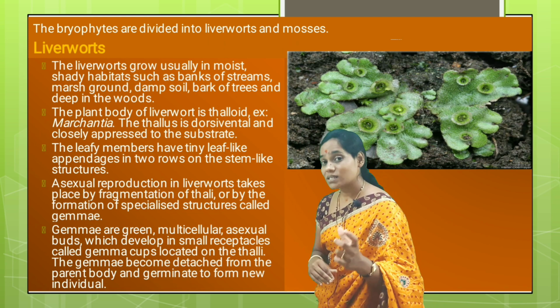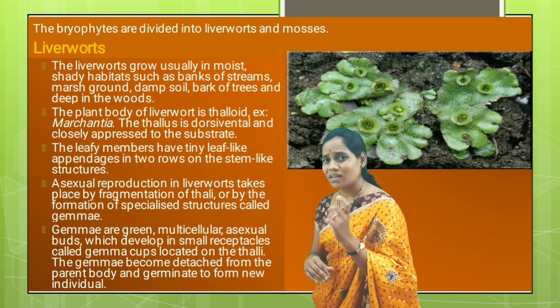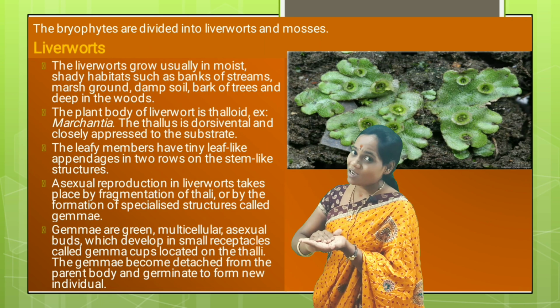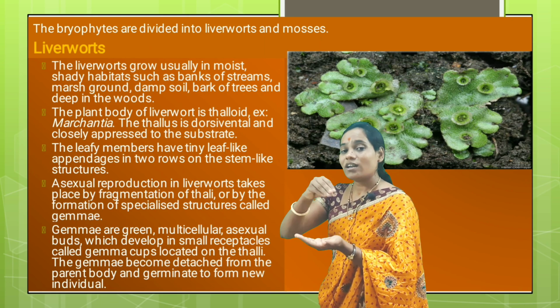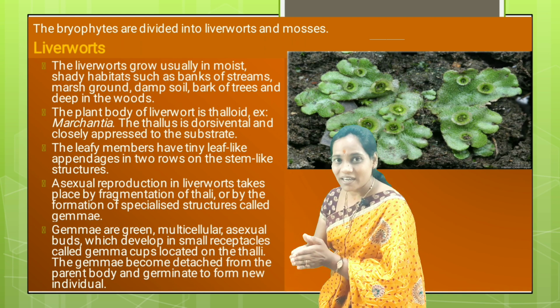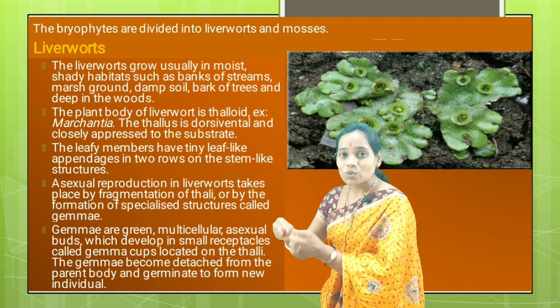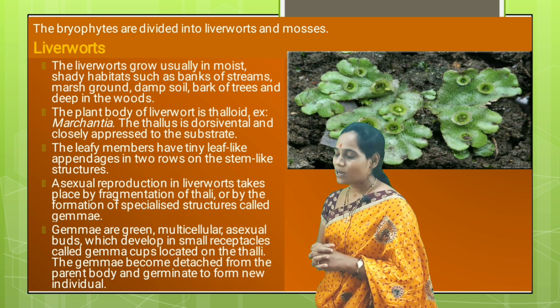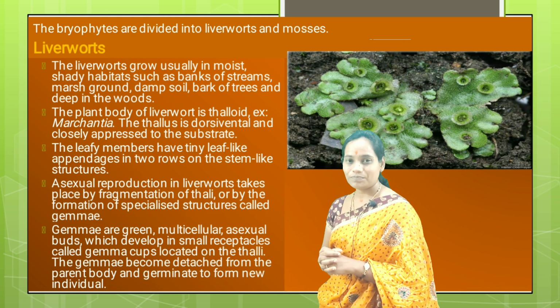Gemmae are asexual green multicellular buds produced within gemma cups. When they detach from the parent body, they germinate under favorable conditions and give rise to a new plant body.